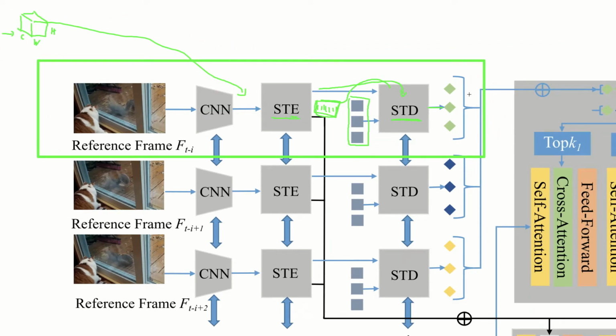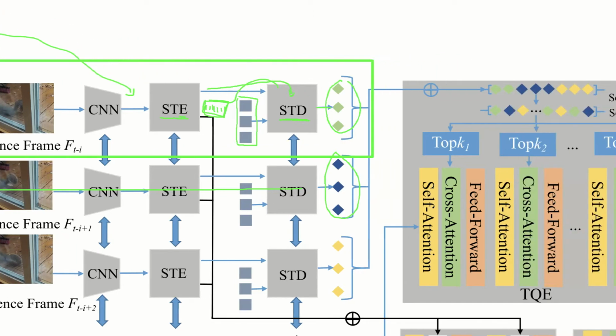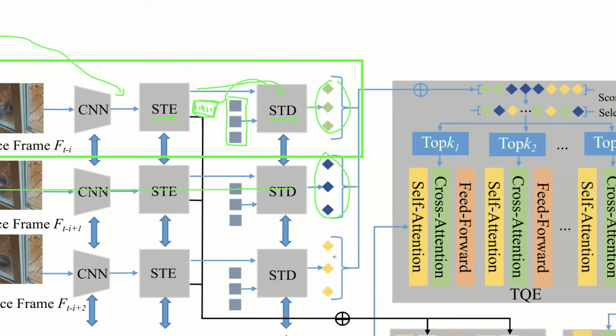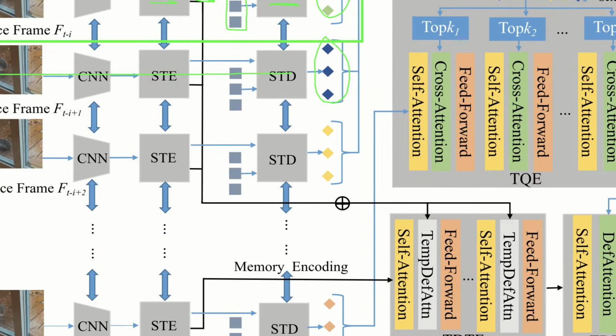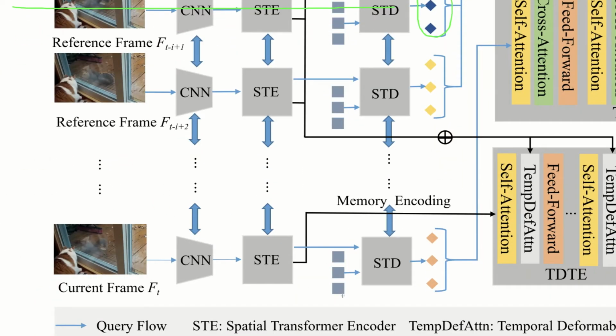And they are then there and can be consumed in a later step. This is now happening for all these different frames in parallel, having different proposals, or they call them now queries because they're going to be used as queries.